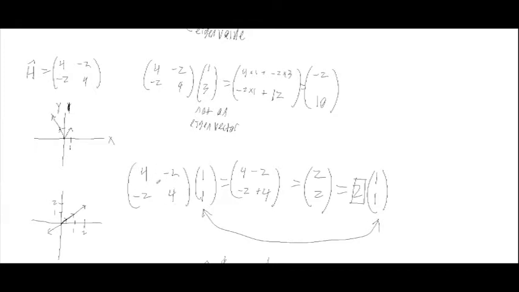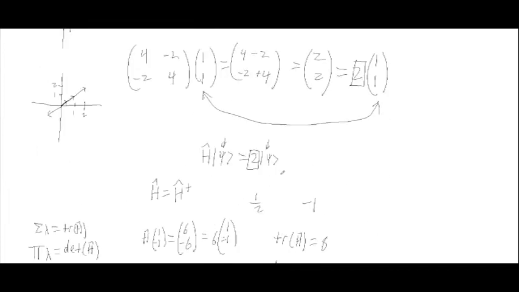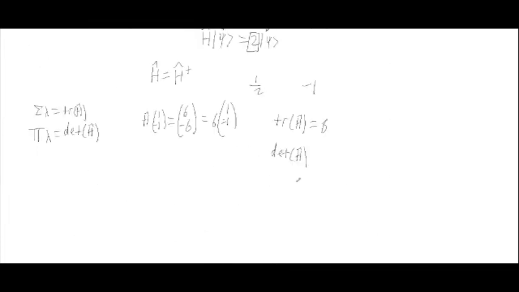So 8 plus 4 is going to be 12. And so we know that 6 times 2 is also 12, so we get 12. So the trace is the same as the eigenvalues added up, and the determinant is the same as the product of all the eigenvalues for it.